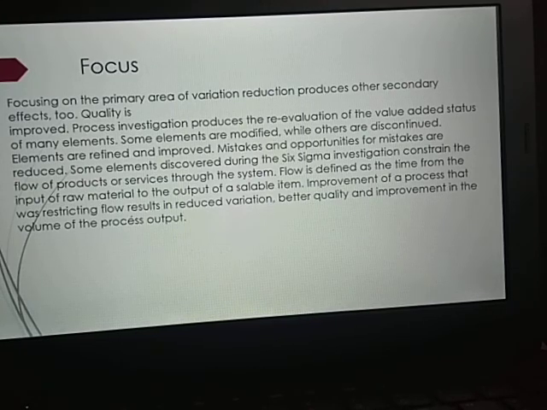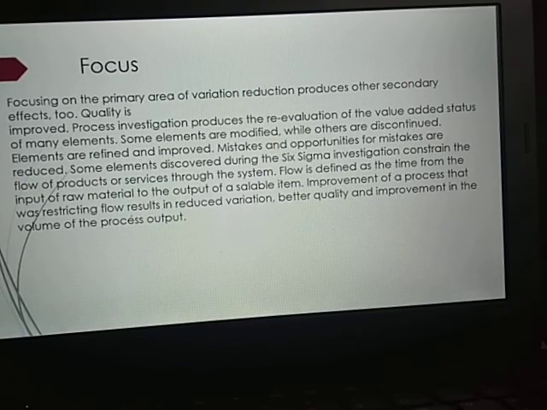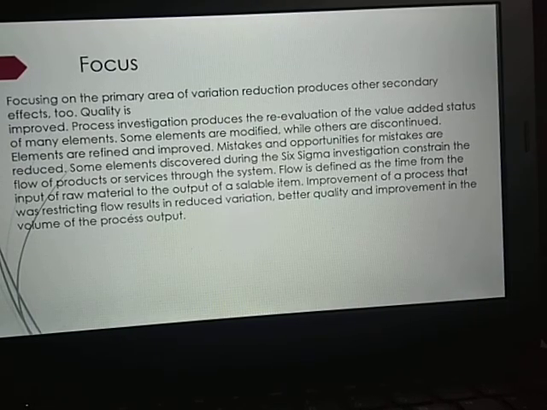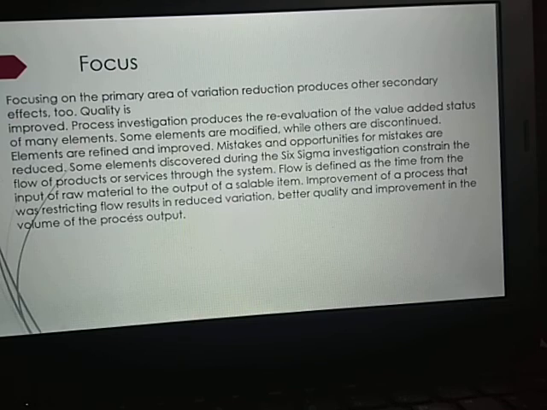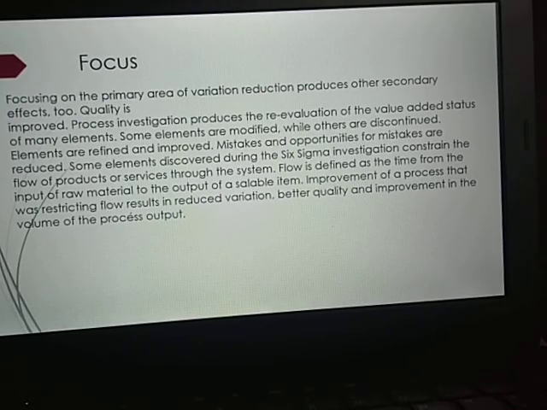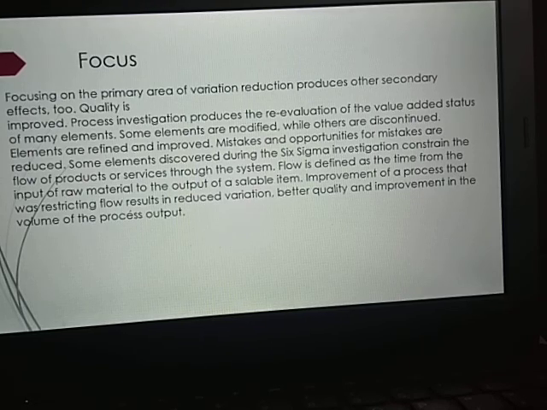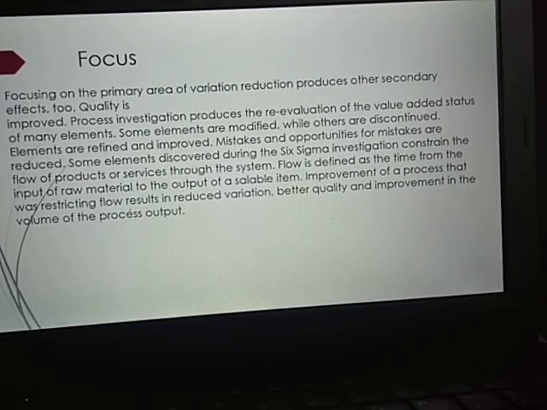Elements are defined and improved. Mistakes and opportunities for mistakes are reduced. Some elements discovered during the Six Sigma investigation constrain the flow of products or service through the system.